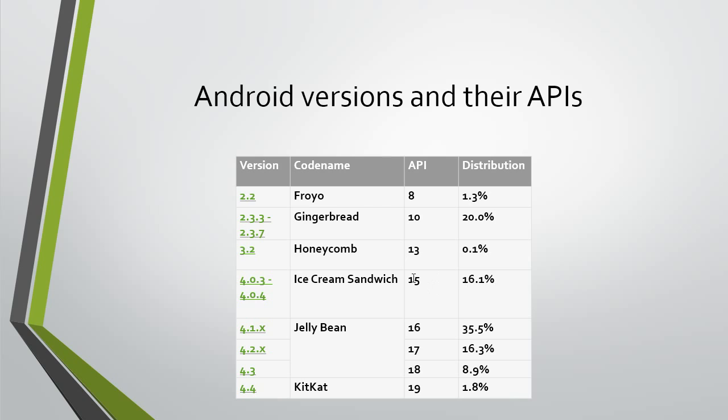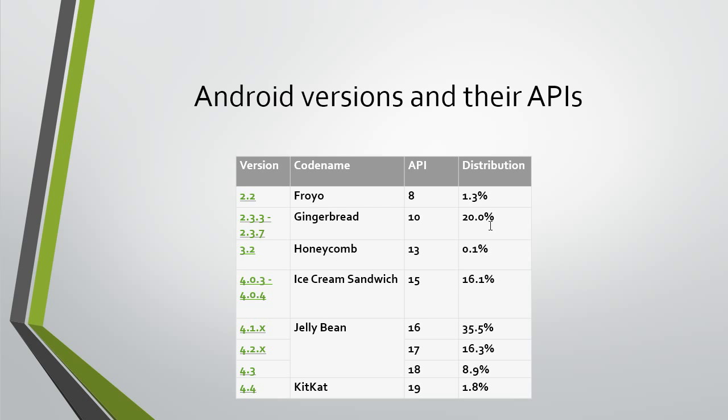Now when you look at it, 16 plus 35 plus 16 plus 8.9 plus 1.8, you're going to be covering something like 75% of the market. If you go way back to supporting Gingerbread, you're going to be supporting almost 90-something percent of the market.